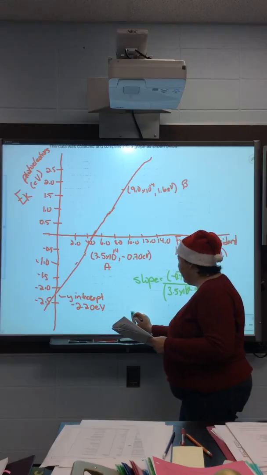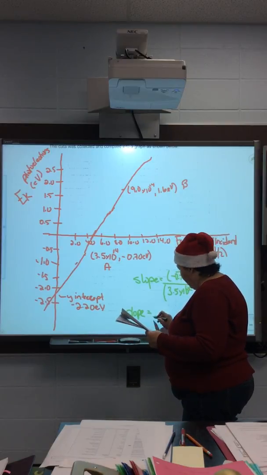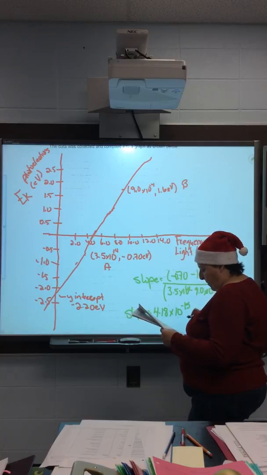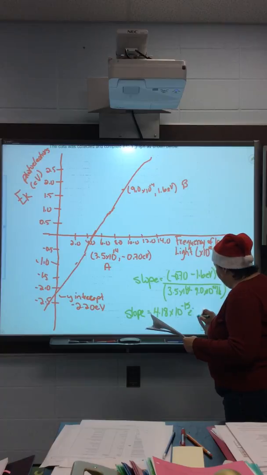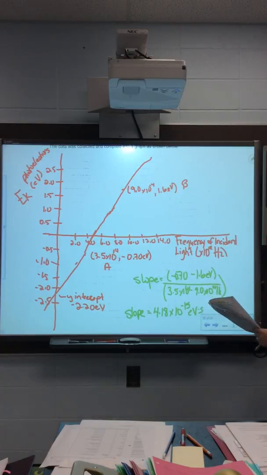And we end up with a slope value of 4.18 times 10 to the negative 15 electron volt seconds.